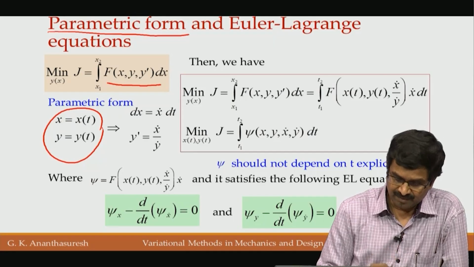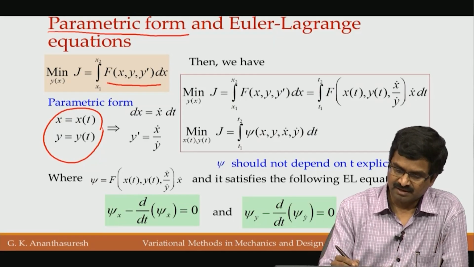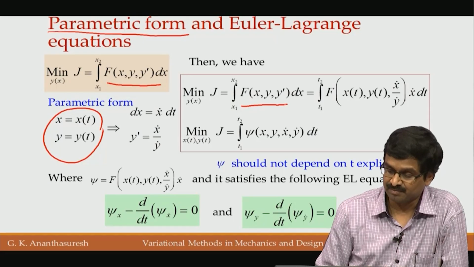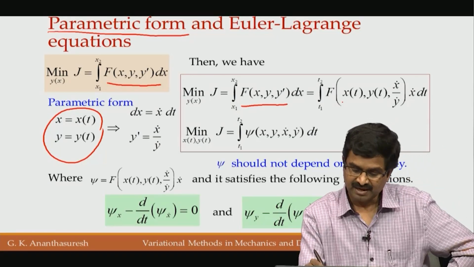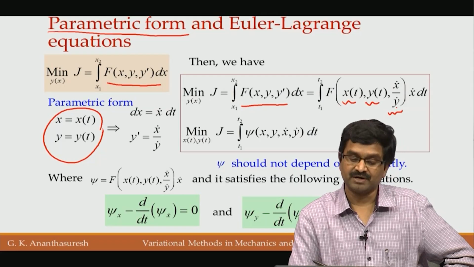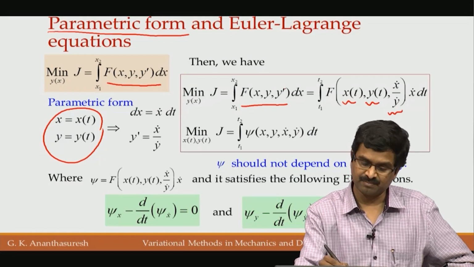Okay. Now, in the parametric form, whatever integrand you had in terms of x, y and y prime, will become x of t, y of t and x dot, y dot. What you want is y prime, right.